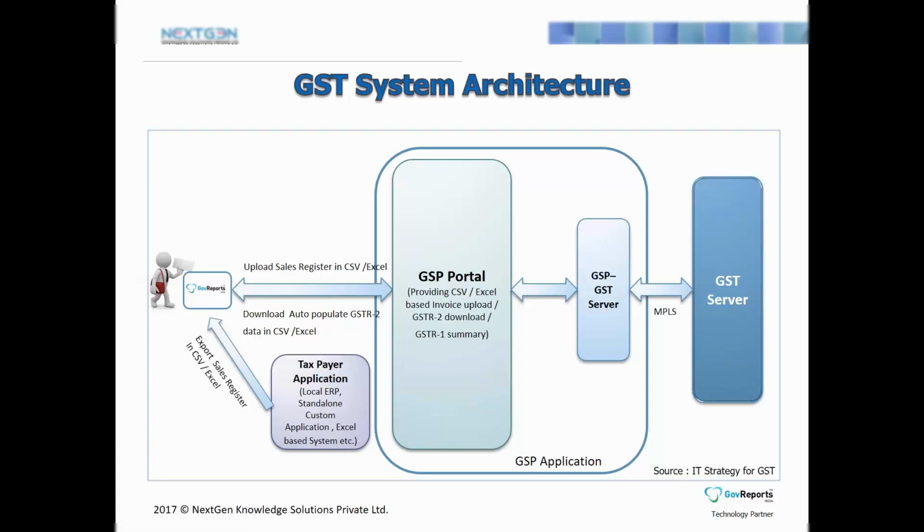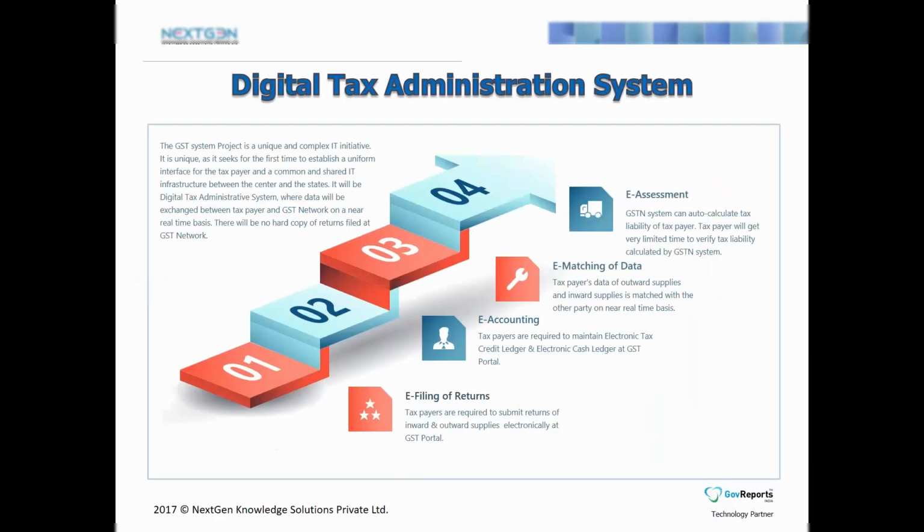In the same way, from GSP portal it will download the data, match it with the data lying in the accounting system, and then confirm the returns. I will discuss this in more detail in one of the slides later, so I am restricting myself to this much discussion only. Now digital tax administration system which is being introduced by the government is totally digitized.